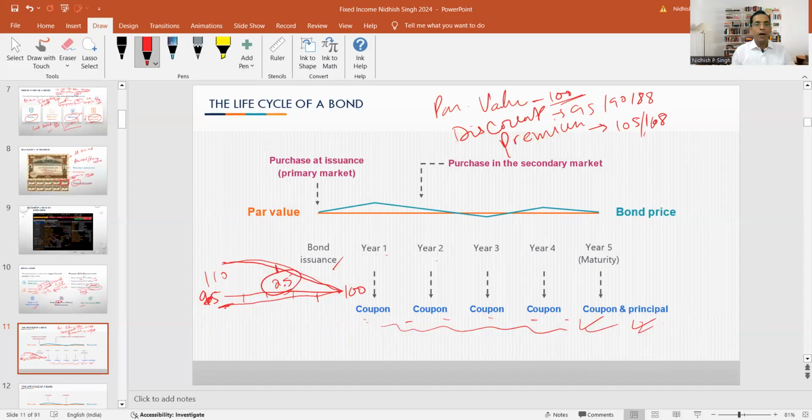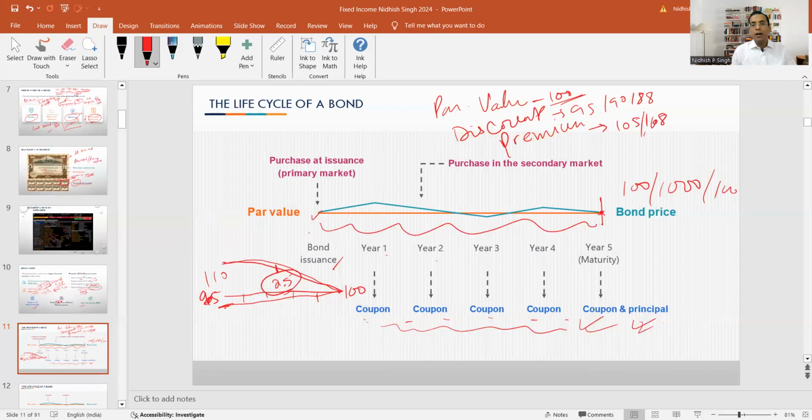And during the life, as we have displayed here, it will start with, say, par value or discount or premium, but after going through the entire life and duration of the bond, it will end at the face value again. So we need to be mindful that ultimately any bond will end at the face value, which is, say, 100 or 1000 or 1 million, etc.